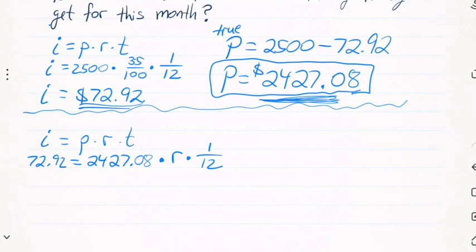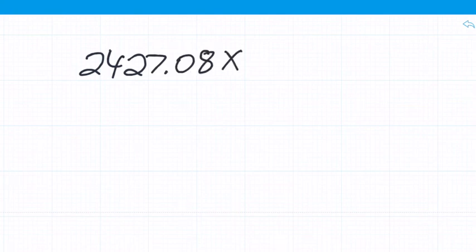You could do the numbers that are on the right-hand side. So we could multiply this guy and this guy and come up with a decimal. And like I was talking about in the last problem, as long as you round to 4 or 5 decimal places, it shouldn't cause too much trouble. 2,427.08 times 1 over 12.